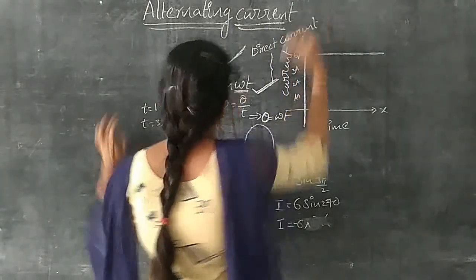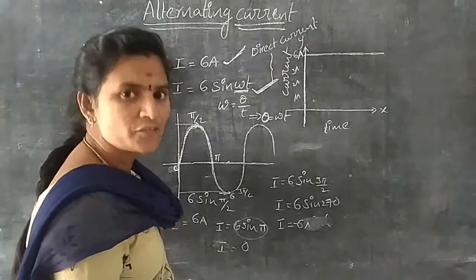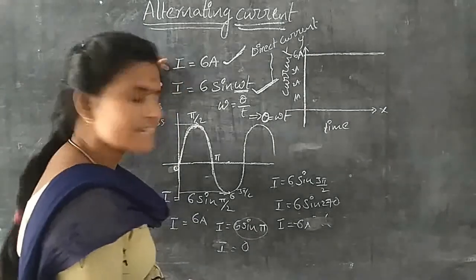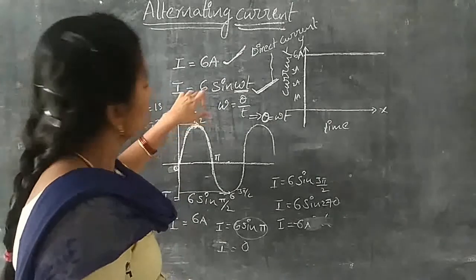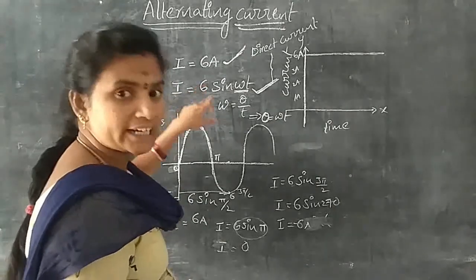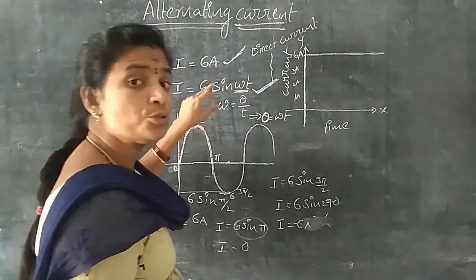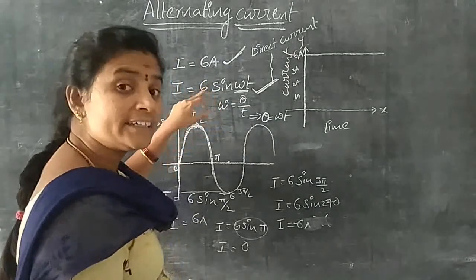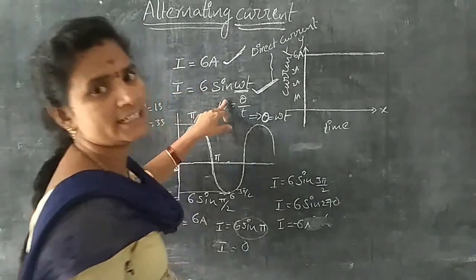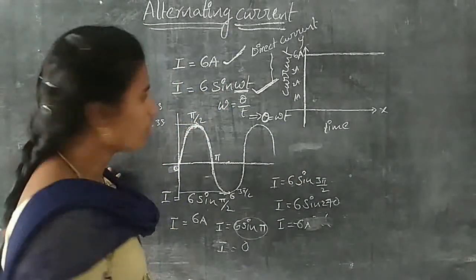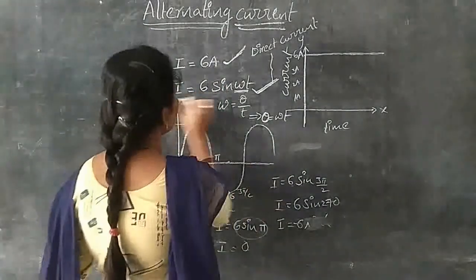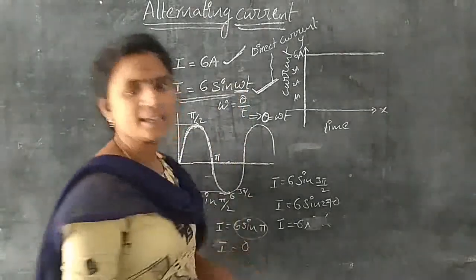Why? Because here it is a constant value. But in the other, the magnitude of the current and the direction of the current vary with respect to time. So we can say that this is alternating current.